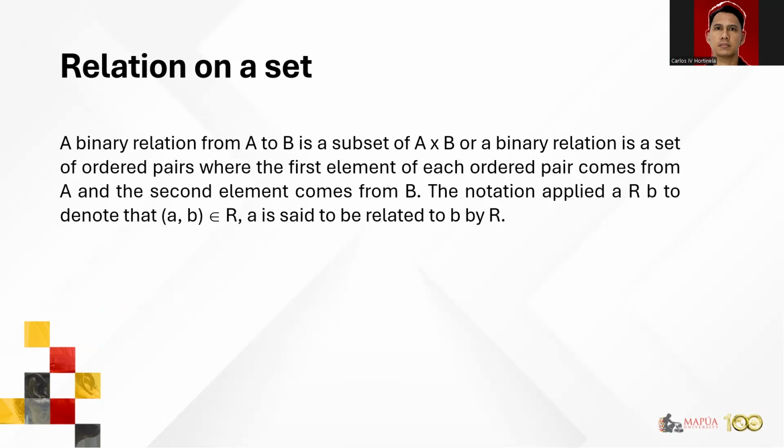A binary relation from A to B is often referred to as a subset of A times B. And as we have seen, based on our Cartesian product, the definition of your relation.